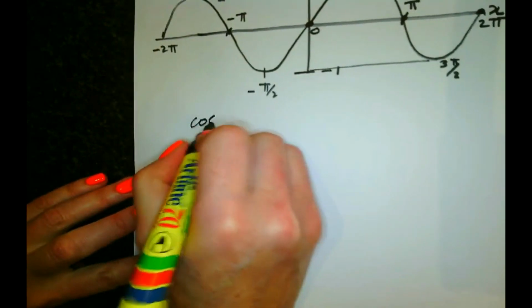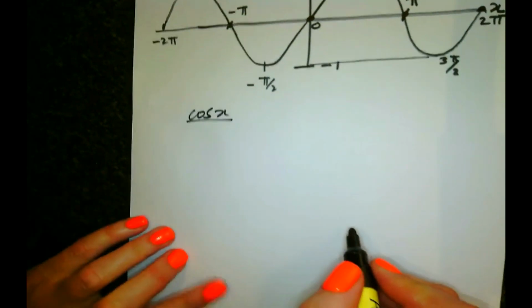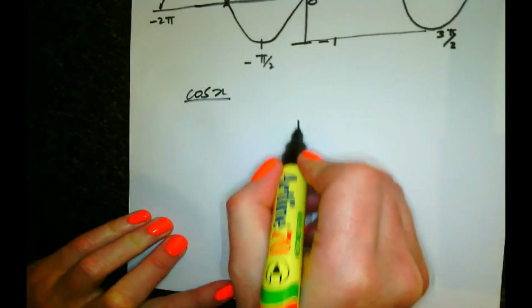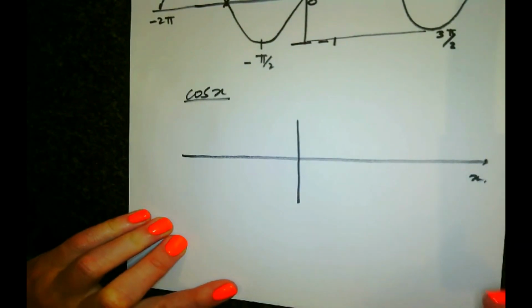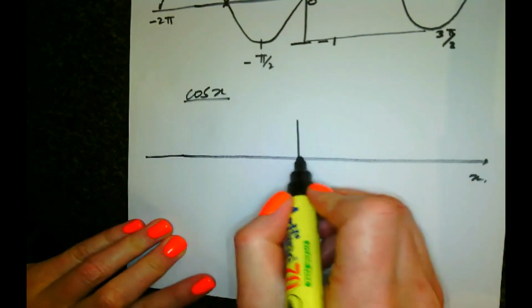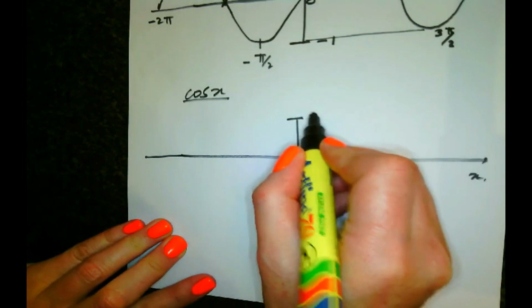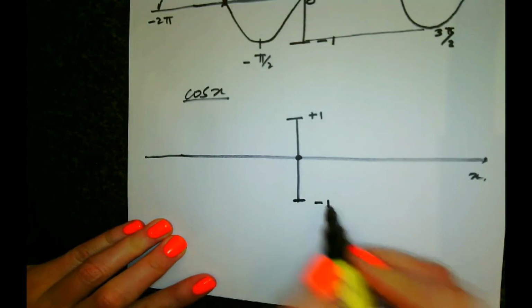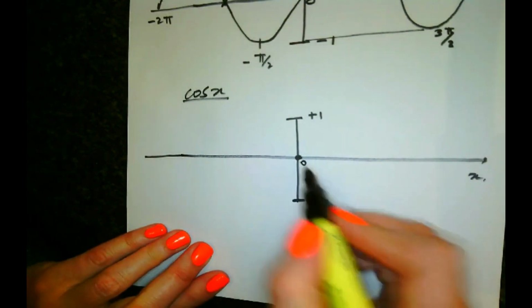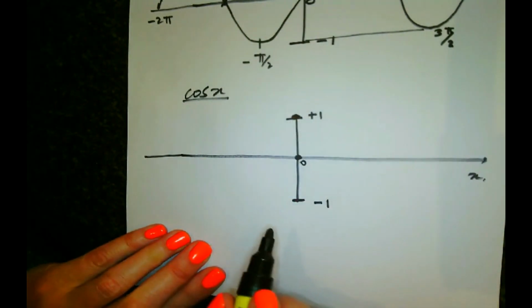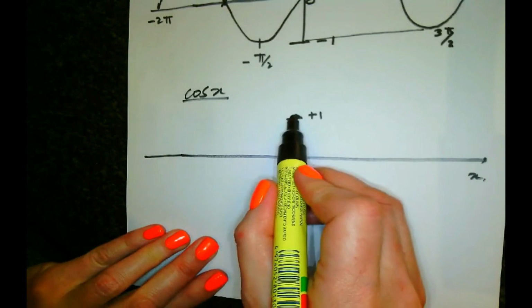The second one is the cosine function that you need to know. Again, this is the x-axis, 0, +1, -1. And in this case, at x equal to 0, the cosine function is +1.